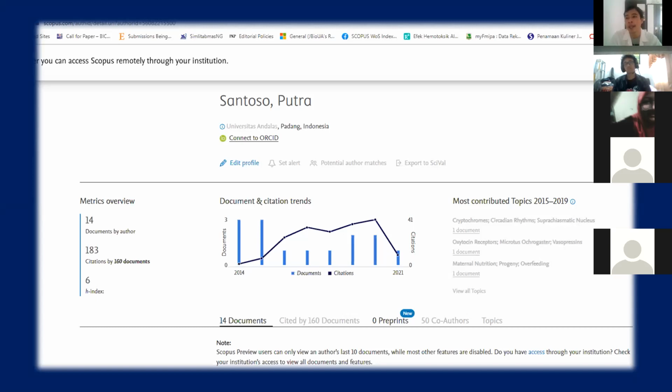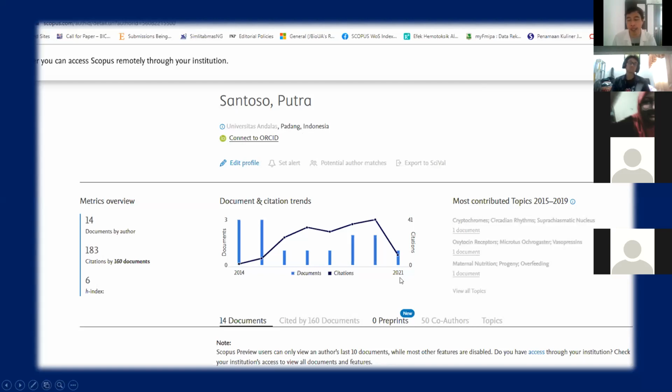One of them is Scopus, which is highly internationally recognized. If you type my name as an author there, you will find my profile, with my affiliation, of course, Andalas University, and the metric overview.